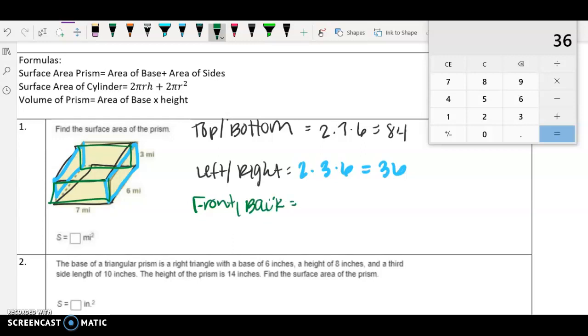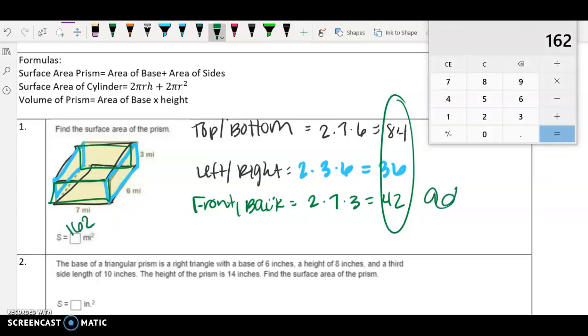So this is 2 times 7 times 3, which is 42. And then we add these up. So 84 plus 36 plus 42, and we get a surface area of 162 because we added those.